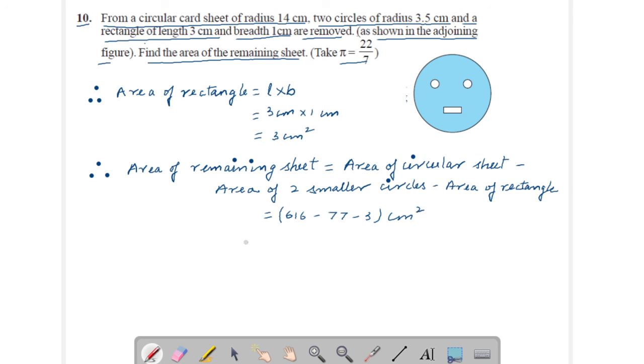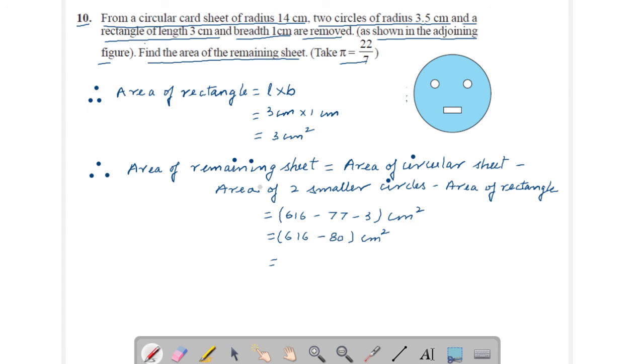Centimeters square. Yes, all this you will get 616 minus 80 centimeters square. Yes, subtract it, 616 minus 80.